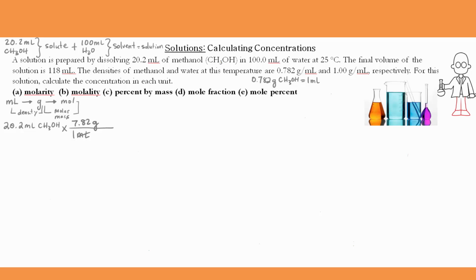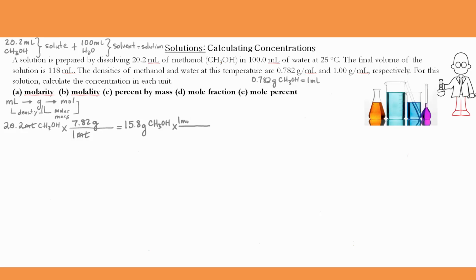And the unit of milliliters cancels, and when we multiply 20.2 times 0.782, we get the number of grams of CH3OH, and that equals 15.8 grams of CH3OH.